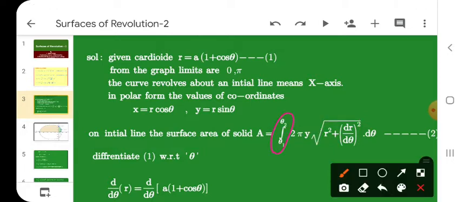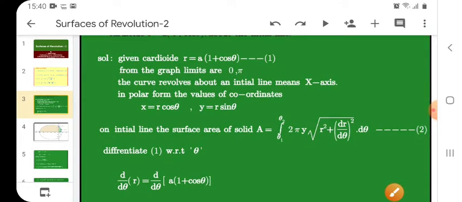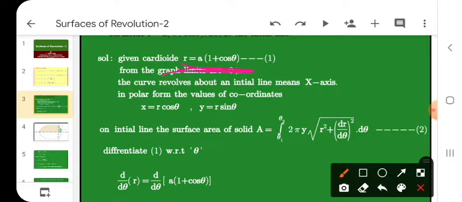We have theta 1 to theta 2, the limit values. 2 pi is constant, we know the value of y, and r square means the given equation whole square. Now we find dr by d theta first. Differentiate 1 with respect to theta, that is d by d theta of r equals d by d theta of a into 1 plus cos theta.